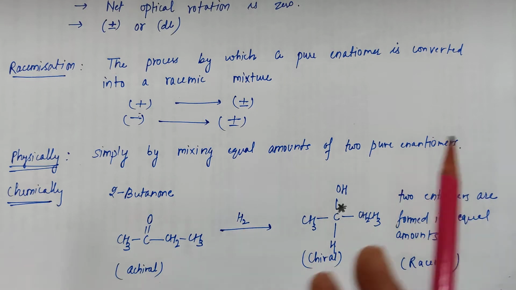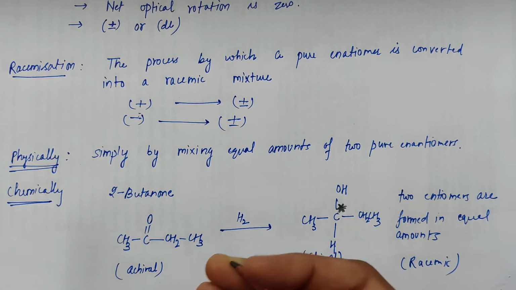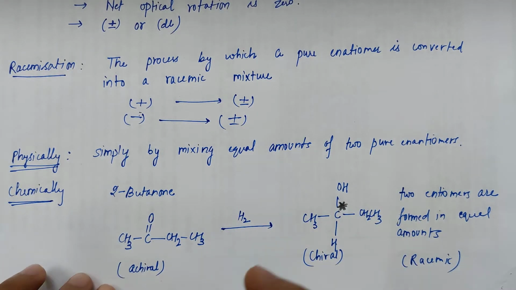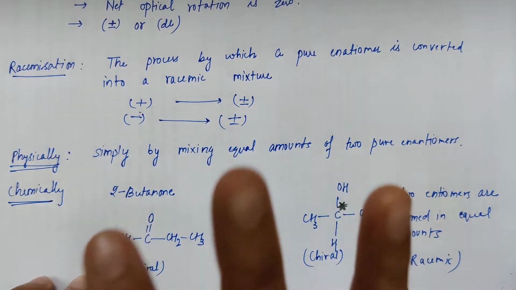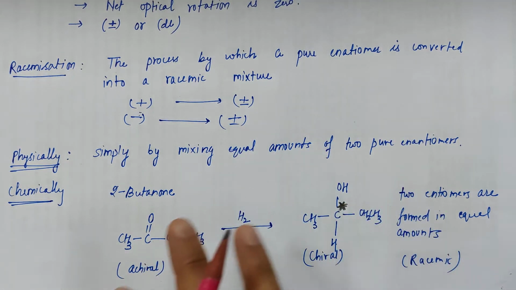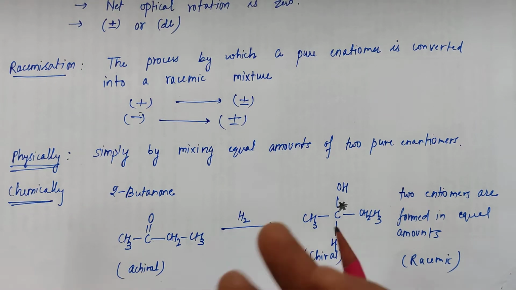So in some reactions you might get one enantiomer in majority and the other as a minor product. In those cases you will not get a racemic mixture, or sometimes the attack is possible from only one side, and the other side the attack is not possible at all. So in those cases you will get only one enantiomer. Those reactions are called enantioselective reactions.